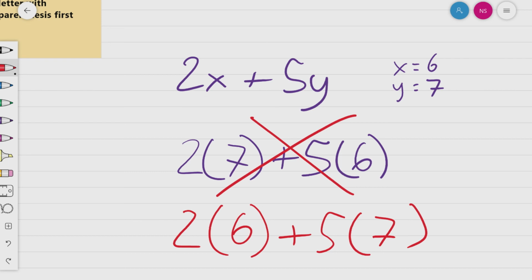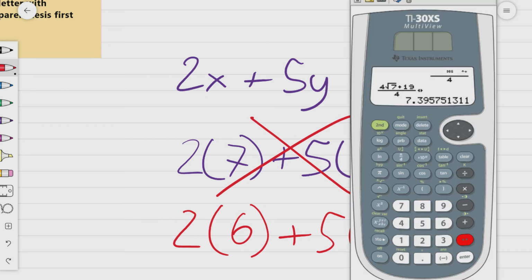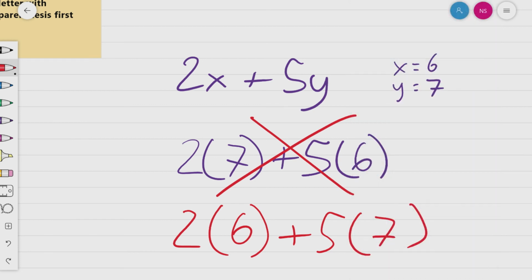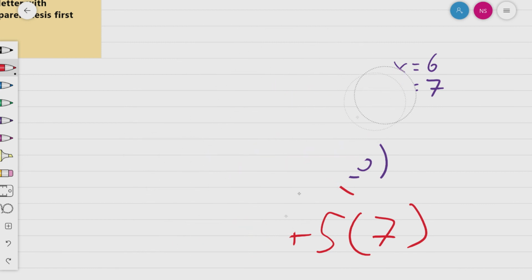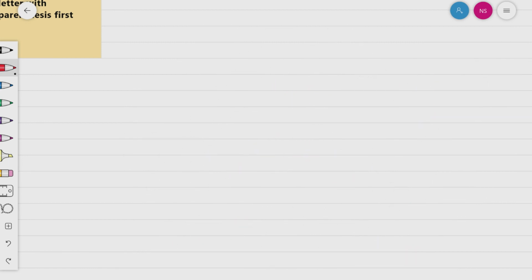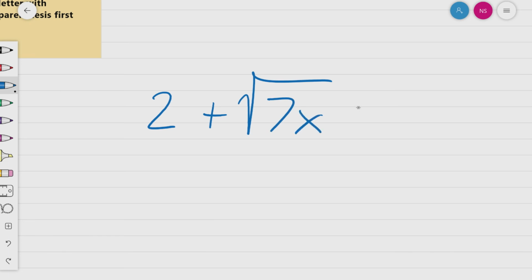The other problem is the calculation steps. Make sure if you're given a problem like this on the worksheet, let's say you are given this, 2 plus, right there, and let's say you're supposed to substitute the x with a 4.